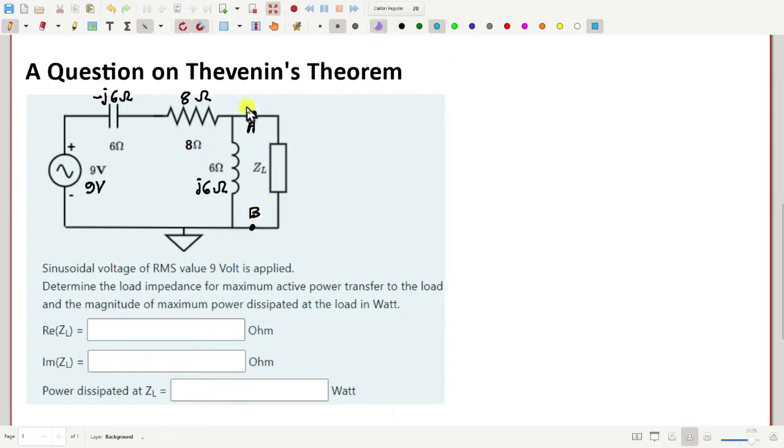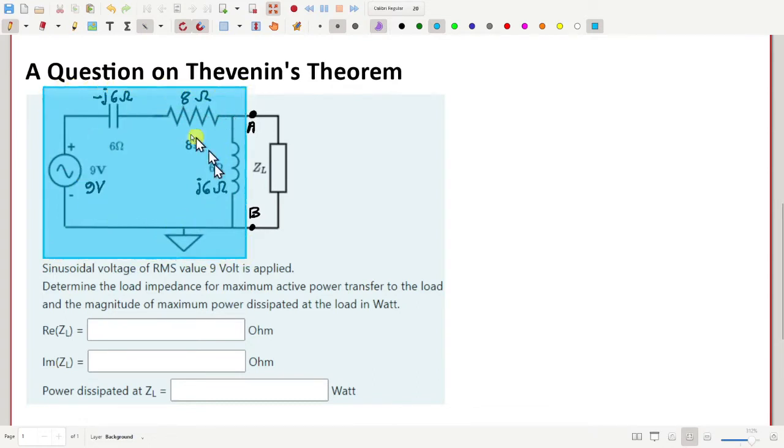Now let us find out the Thevenin impedance between A and B of this circuit inside the box. So Z Thevenin, that is the impedance between A and B, how much is that? Between A and B we have two branches in parallel.